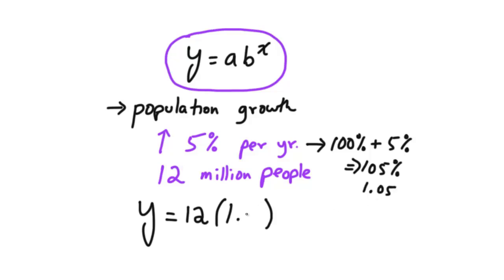Right, so 1.05 is the growth factor, or the b, and that's to the x power. So what we have here is a population growth model for this planet.